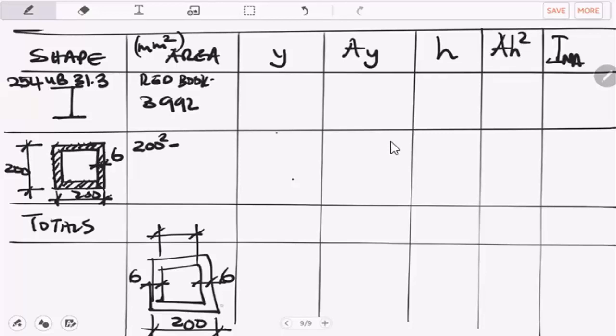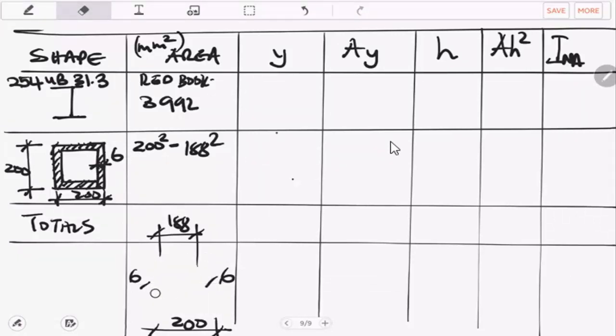So 200 minus 12 millimeters gives 188, so this is going to be 188 squared. If I subtract 200 squared minus 188 squared, it gives us the area of the square hollow section.